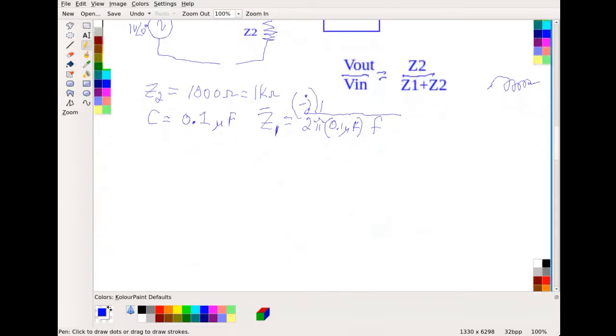All right, so then we get V out over V in is 1k ohm here plus 1k ohm minus j divided by this 2 pi 0.1 micro times the frequency.